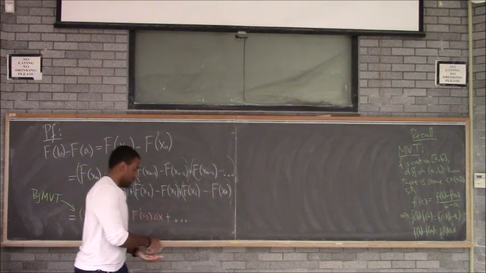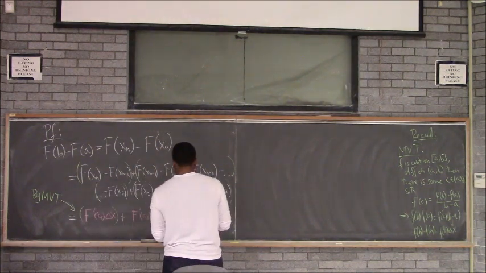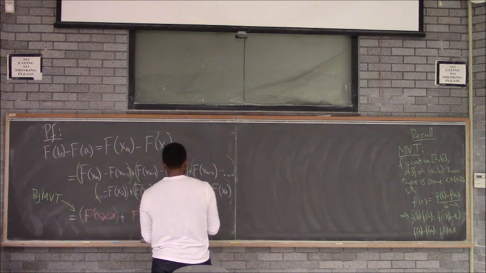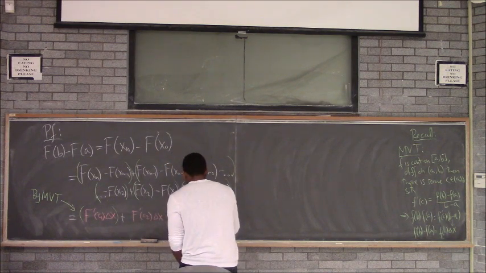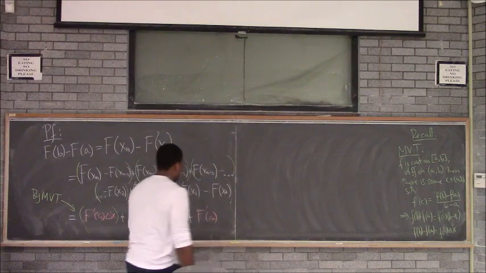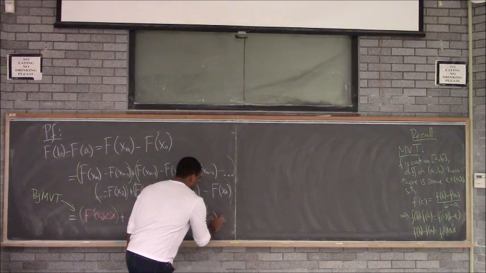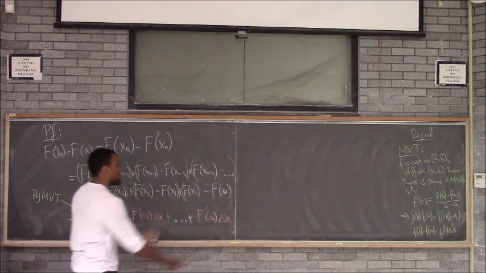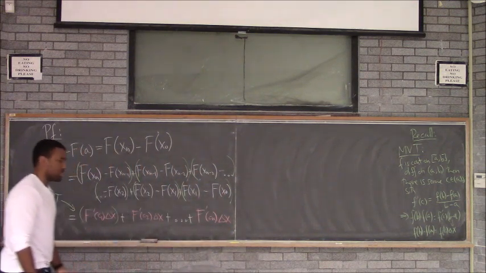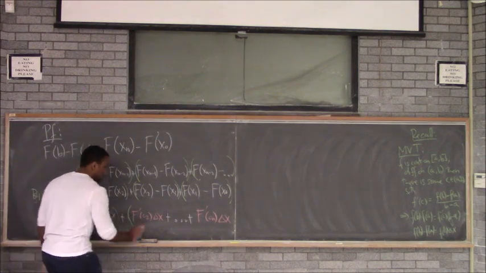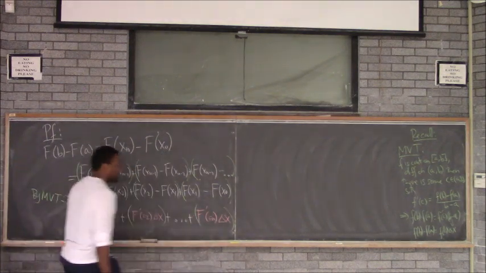At this point I would have gone through n of these things. So there's some point cn that's in this interval, such that if I take the derivative of the function times delta x on that interval, it will give me that difference. I know this exists by the mean value theorem. So now I look at each of these pairs.